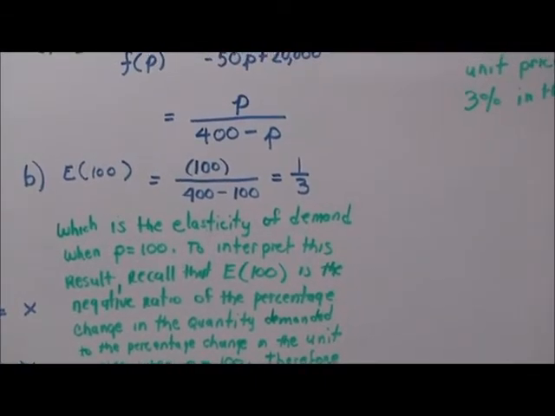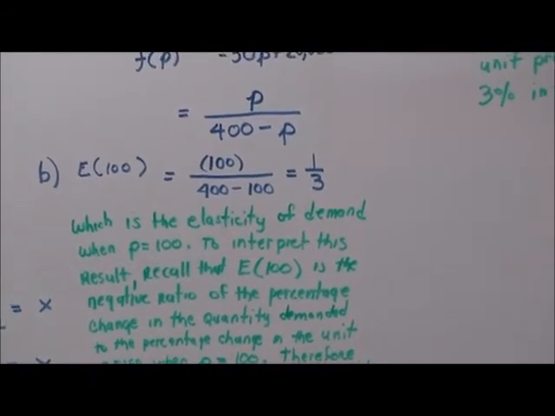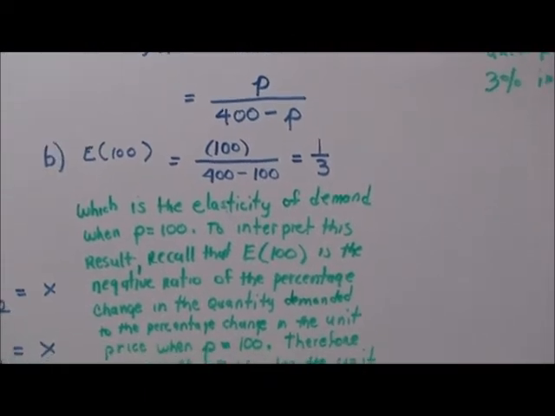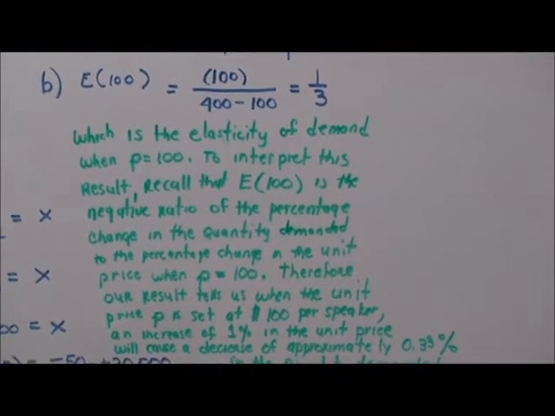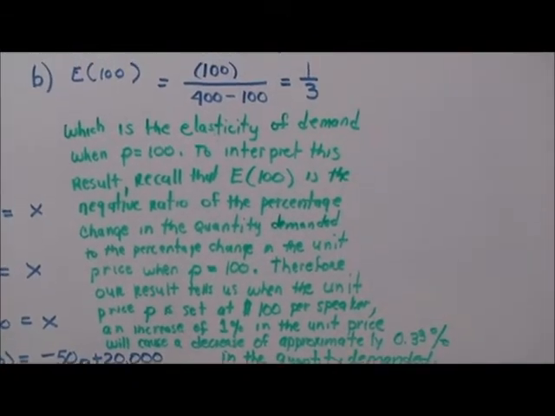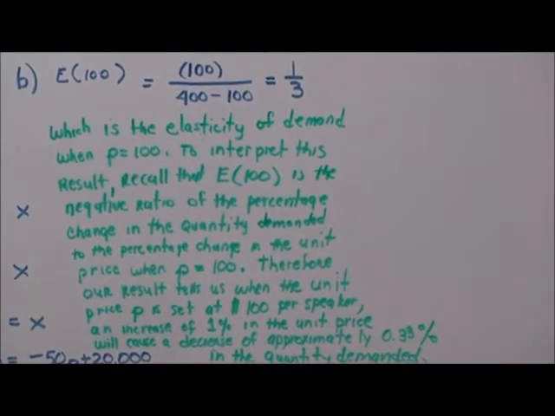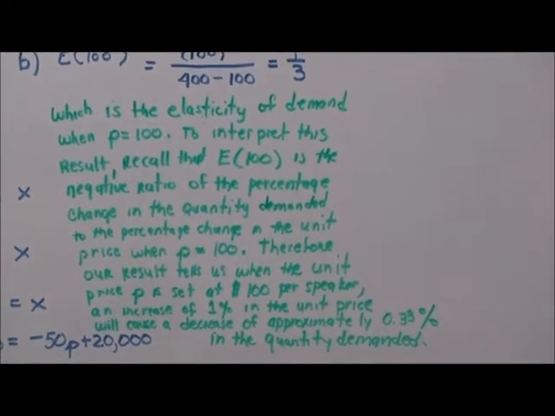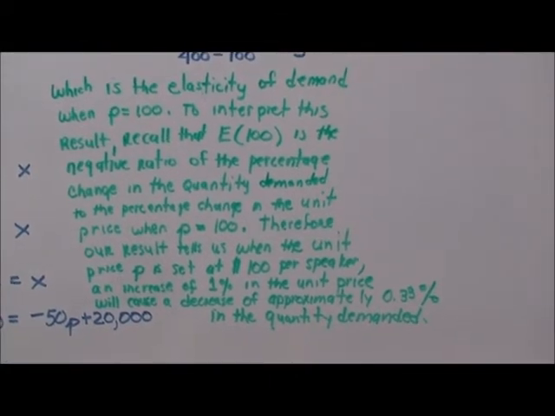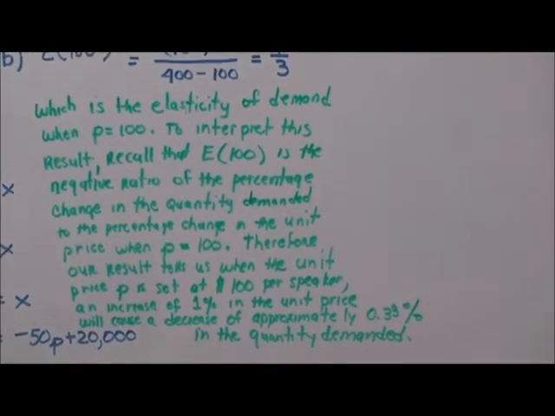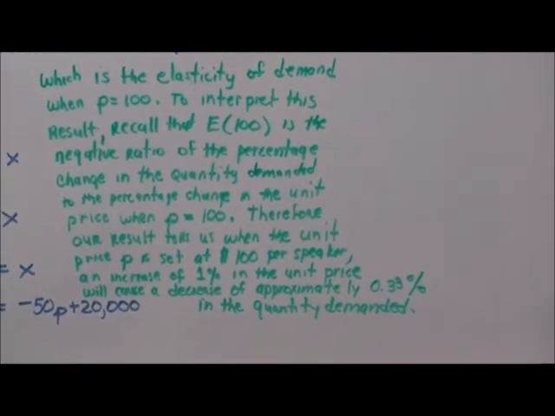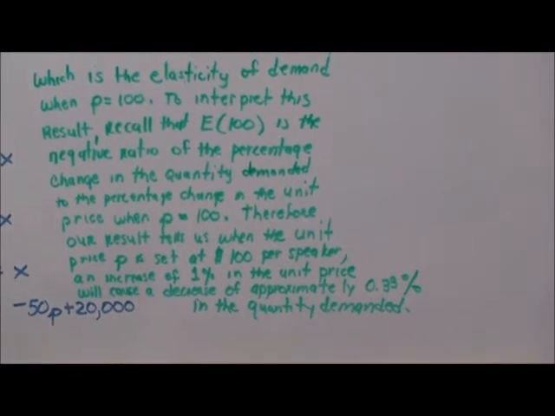So therefore, our results tell us that when the unit price P is set at $100 per speaker, an increase of 1% in the unit price will cause a decrease of approximately 0.33% in the quantity demanded.